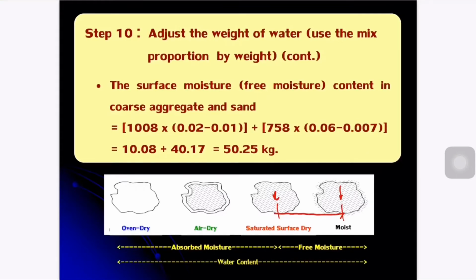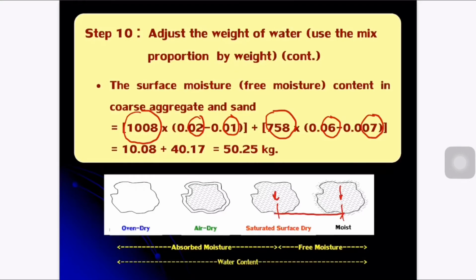In this problem, the dry weight of the coarse aggregate is 1008 kilograms, and the dry weight of sand is 758 kilograms. 2% water content and 1% water absorption for coarse aggregate, and 6% water content in sand and water absorption 0.7%.